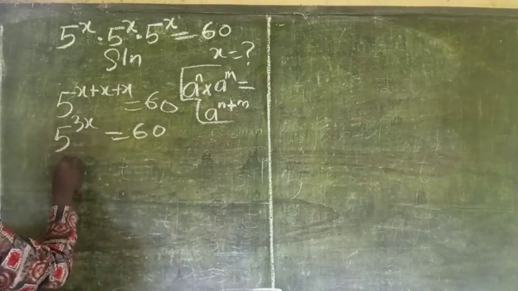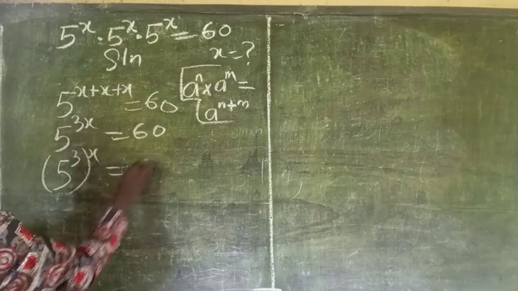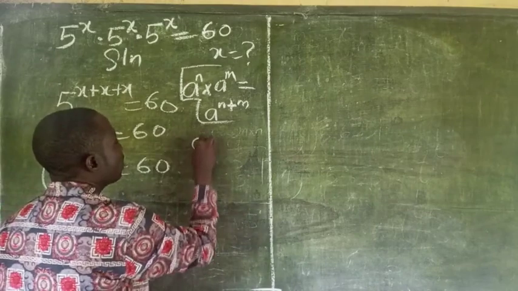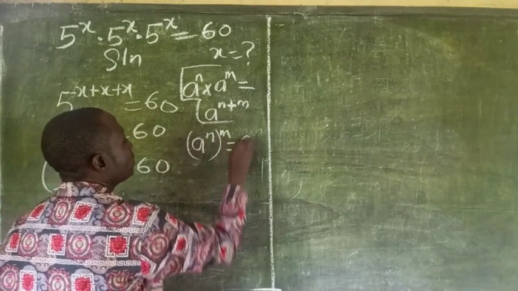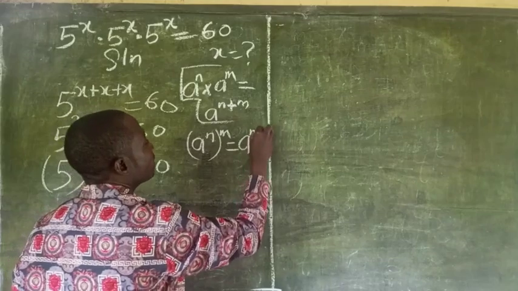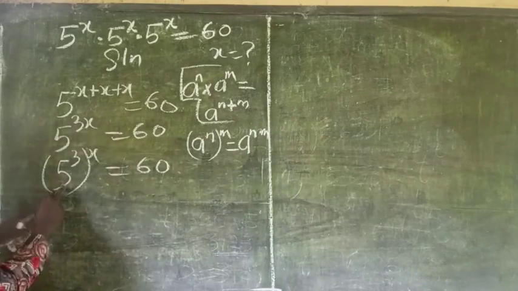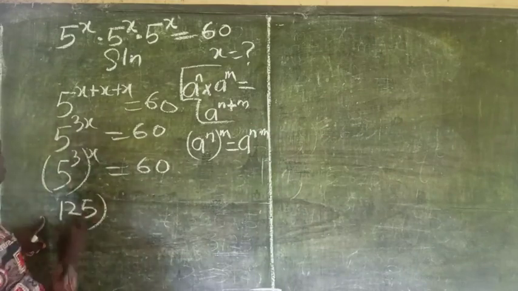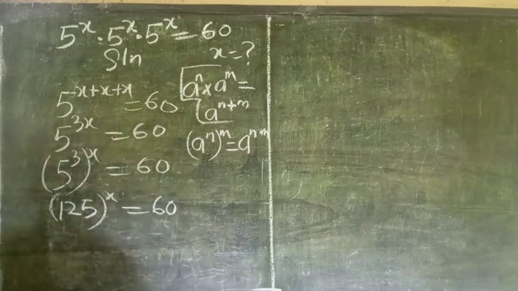Alright, if I write (5 raised to power 3) raised to power s equals 60, it's still the same, because if a raised to power n is raised to power m, it is still a raised to power n times m. So if we do this, we're fine. And 5 raised to power 3, that is 125, raised to power s equals 60.